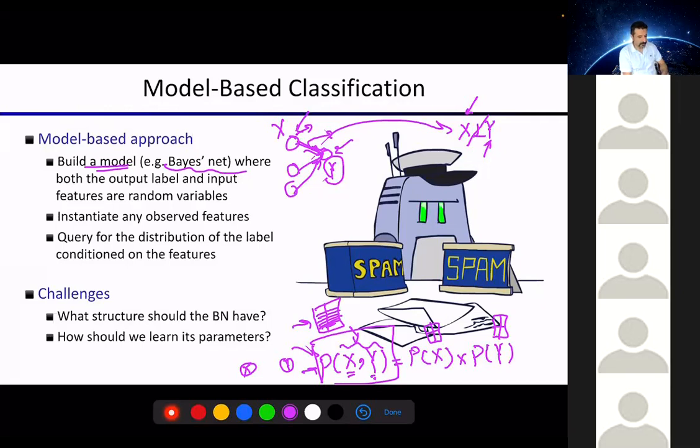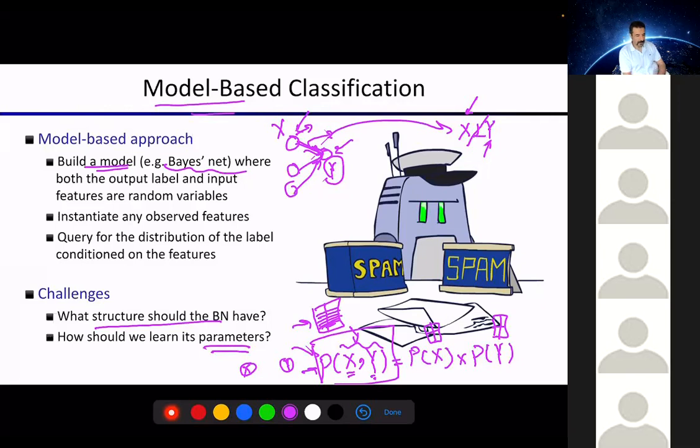Now you need to decide about the structure of the model as well as the parameters that you need to consider for this model. So these two challenges are what you want to learn for this type of model-based classification.